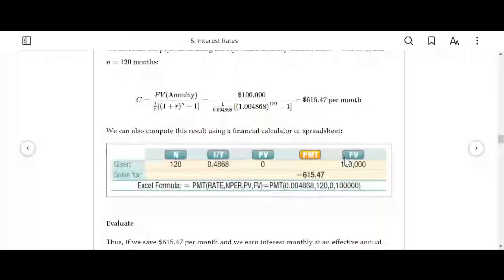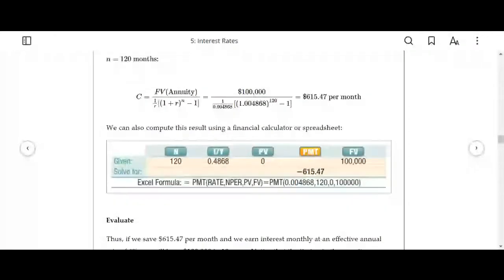So when you're doing this, we would do it this way. We would say 120, because this would be a 10-year loan and we have to convert 10 years into months.